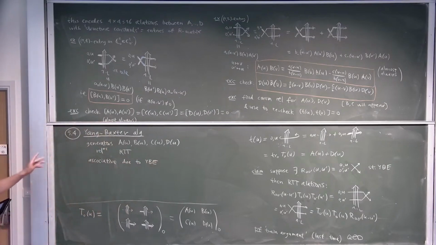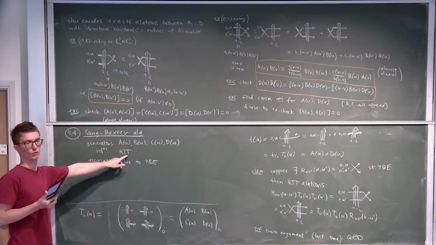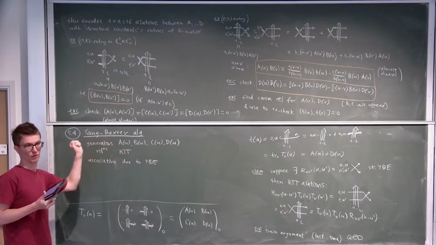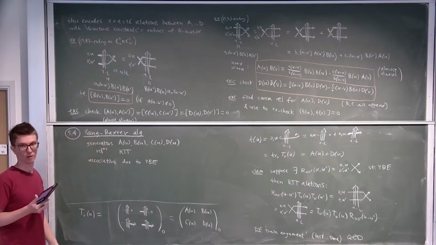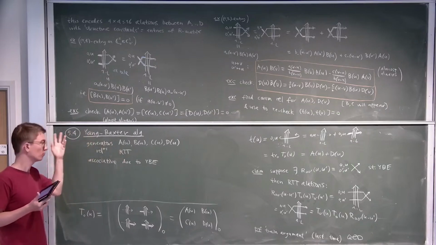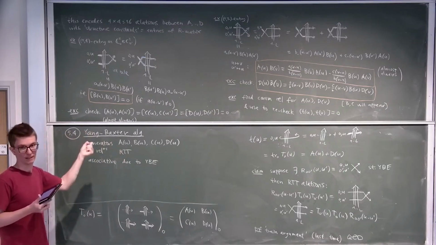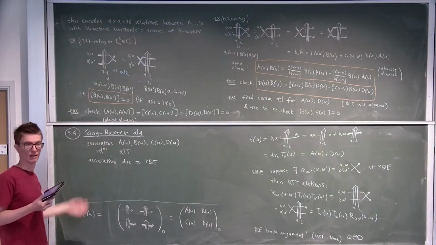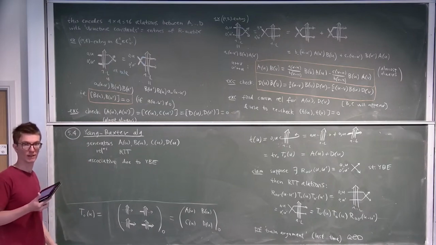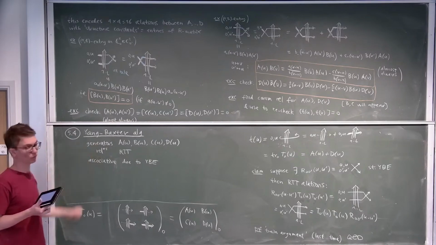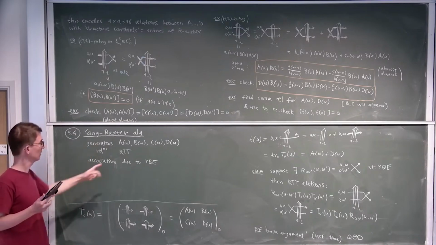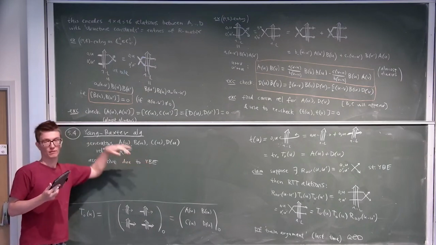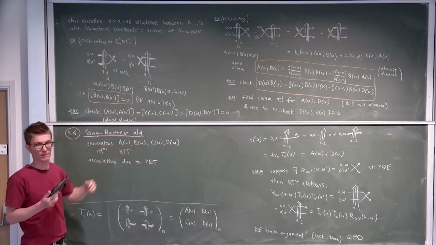So now the RTT relations just tell you what the relations are for two generators at a time. But now we can consider products of three out of ABCD, so for instance ABB or ABC or whatever, and we can start moving stuff through each other. And the fact that all of these possible ways of computing the result are consistent follows from the Yang-Baxter equation for the R matrices in the auxiliary space.